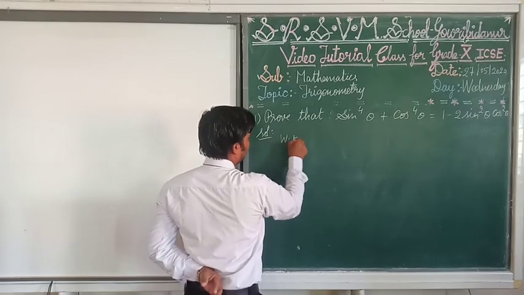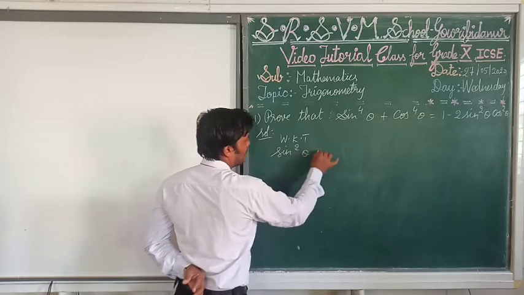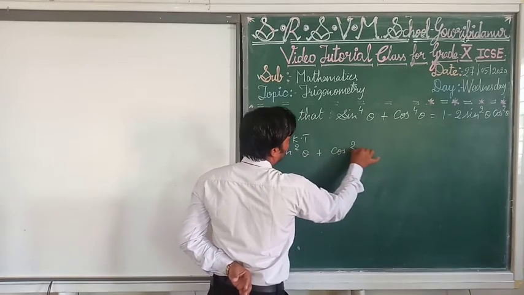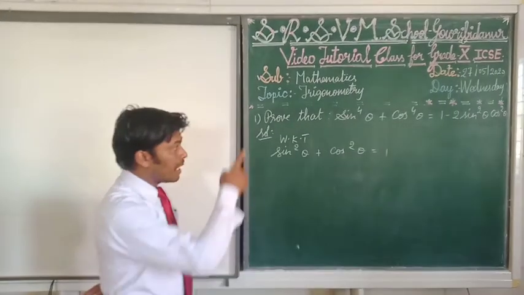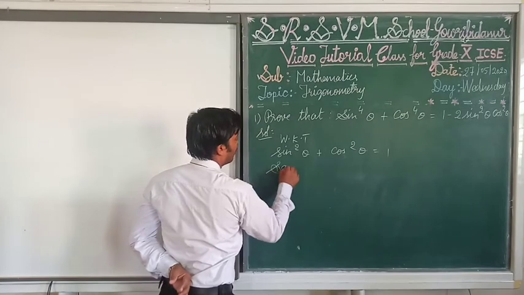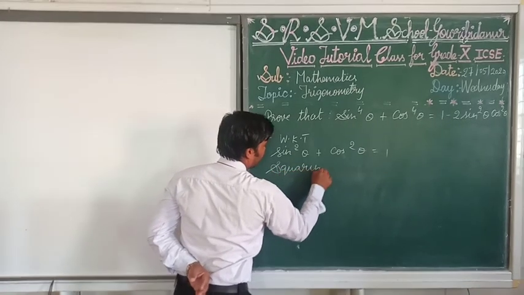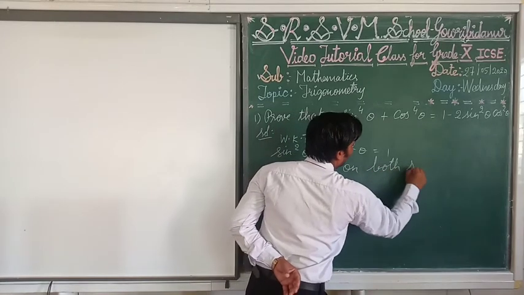We know that sin square theta plus cos square theta is equal to 1. In this one, squaring on both sides, because here power 4 is coming, for that purpose we are squaring on both sides.